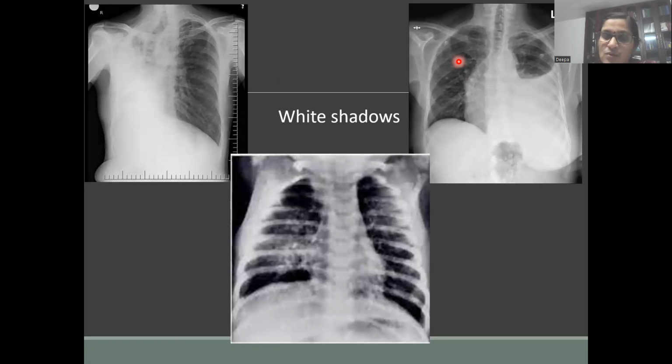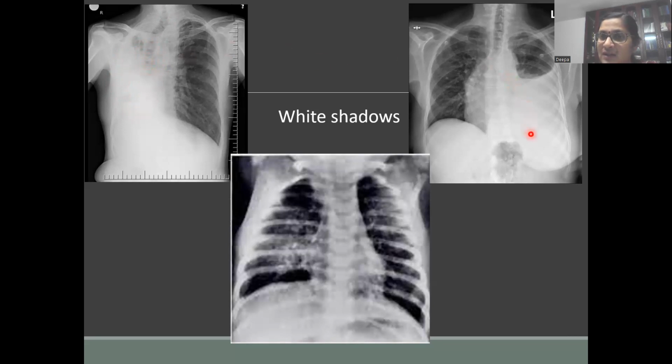So the white shadows, otherwise called the opacities, you get to see in different pathologies. In the first X-ray, this is a homogeneous opacity, and if you closely look, the airway is pulled to the same side as the homogeneous opacity. That means here there is a collapse of the lung which is pulling the airway to the same side.